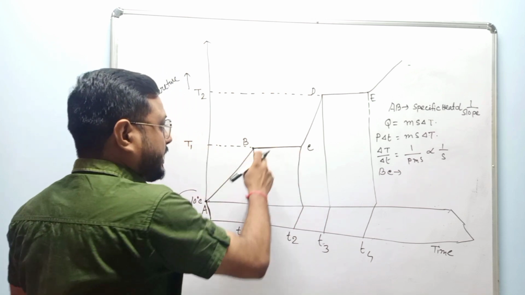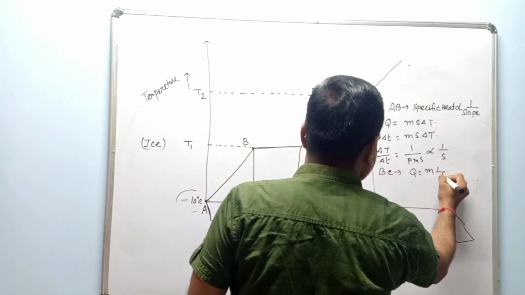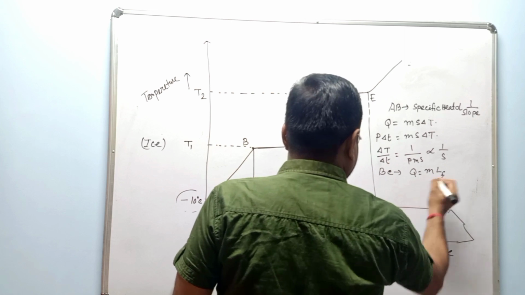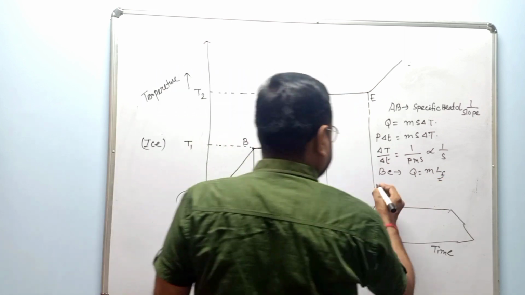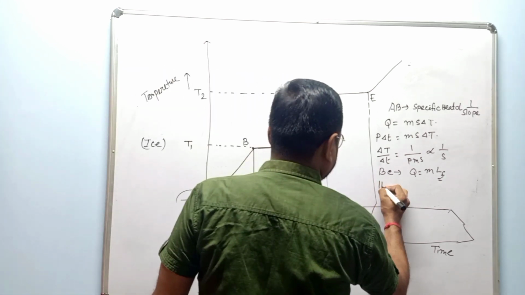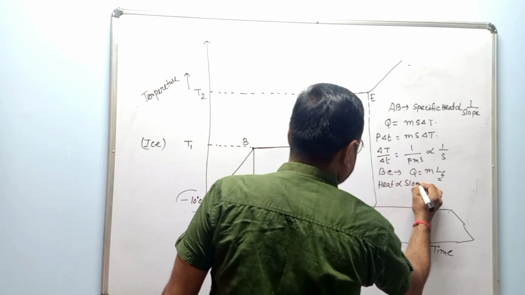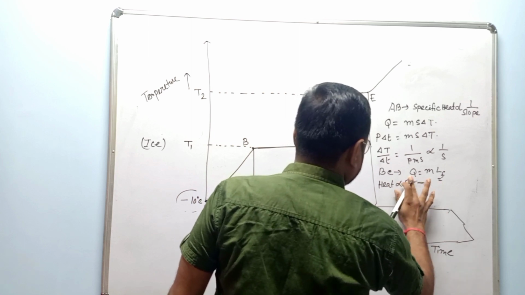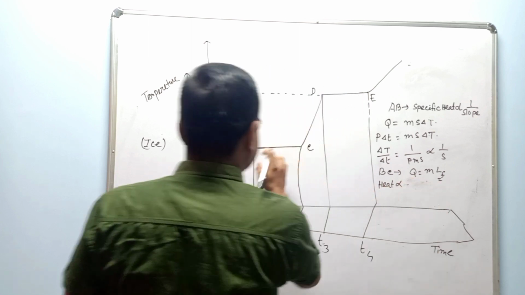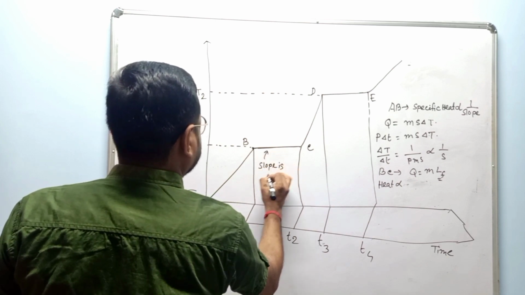So in this case, we get Q equal to m times Lf. Here the slope of the line is 0.